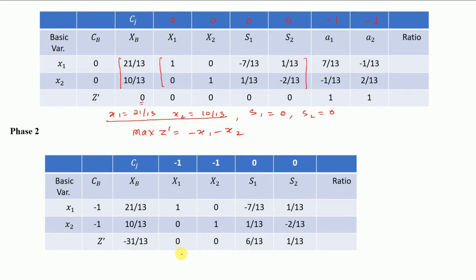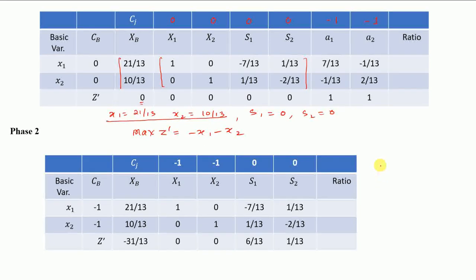If in case one of the values is negative, then again you have to follow the same process of the ordinary simplex method to go for the optimum solution. But here in the first step we are getting the optimum solution.